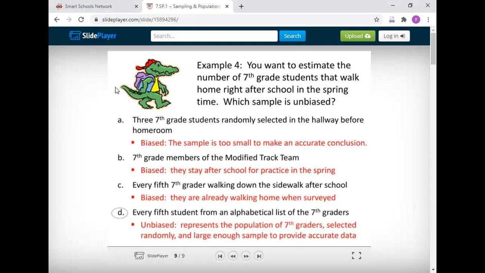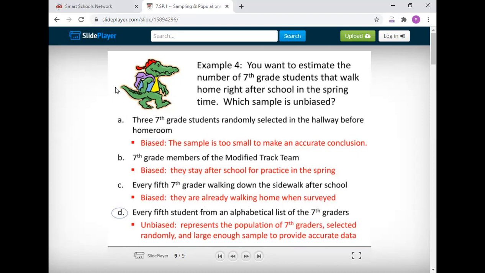Example 4. You want to estimate the number of 7th grade students that walk home right after school in the springtime. Which sample is unbiased? Choice A. 3 7th grade students randomly selected in the hallway before homeroom. Is this biased?